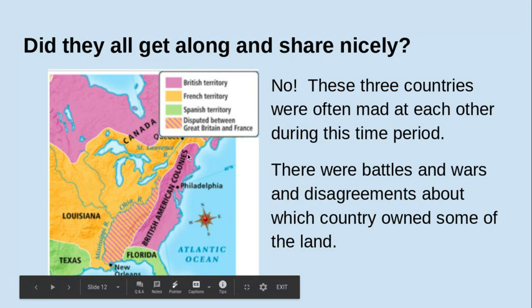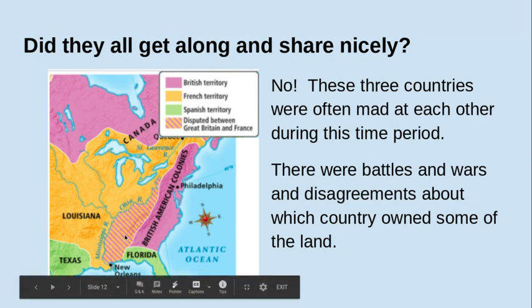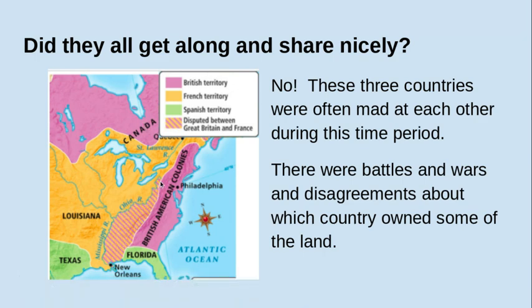So this map shows the English colonies, the 13 original colonies, and this is that strip of French land that we talked about, and then this is that other piece of British land. This was red on the other map. Well, can you see this striped piece? This was the land they were fighting over. The British said this is ours, the French said this is ours, and they were having all kinds of battles in here for a couple of years.